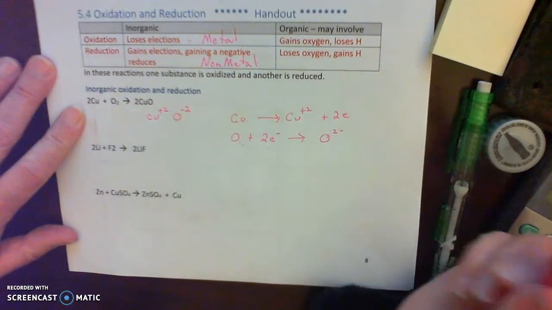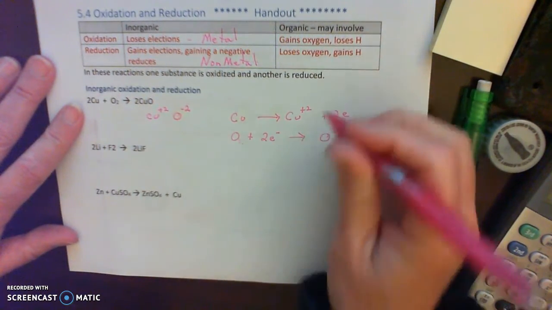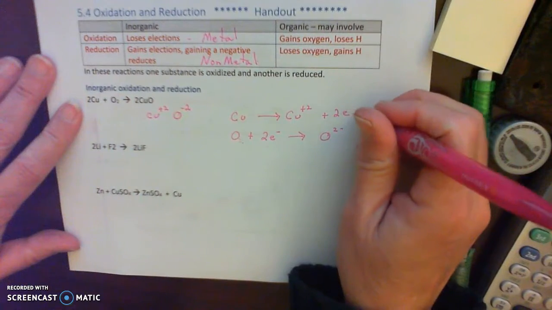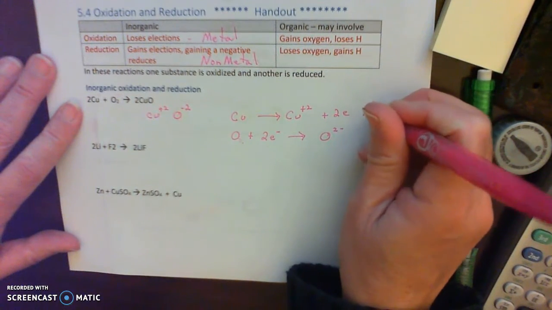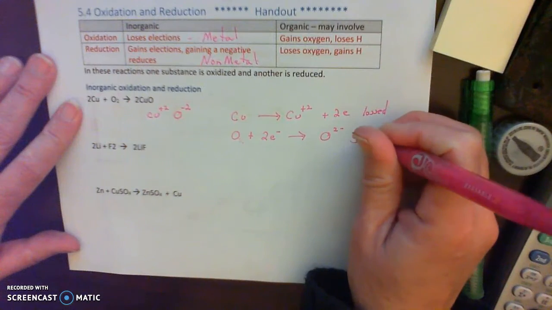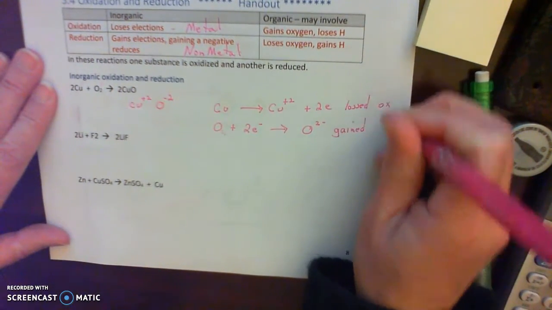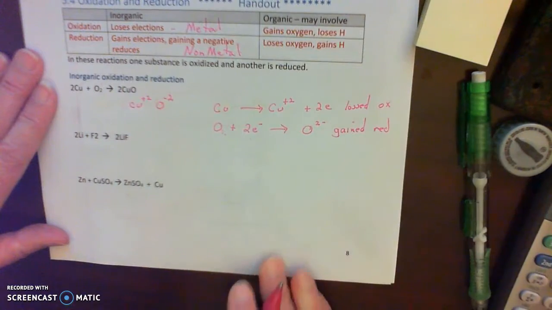Let's do one at a time. So the metal has lost electrons and the oxygen gained electrons. So this was oxidized and this was reduced.